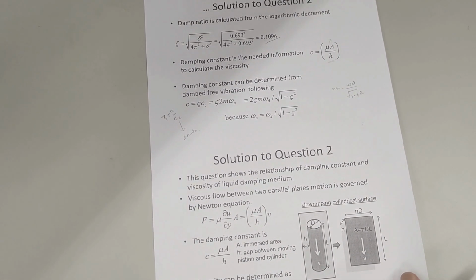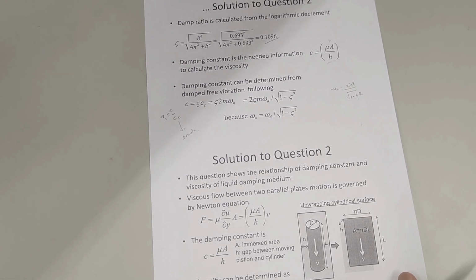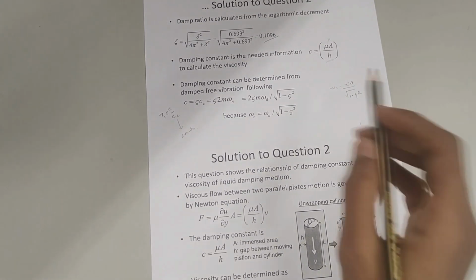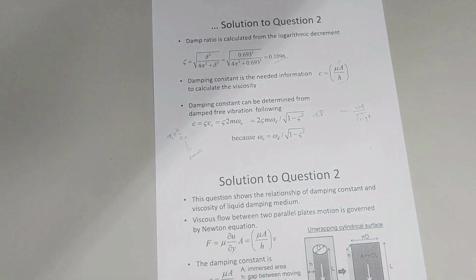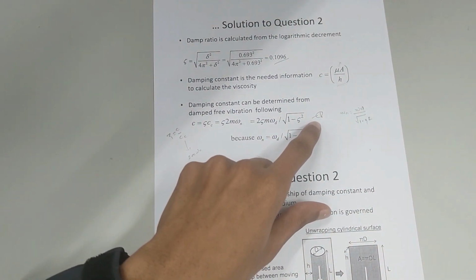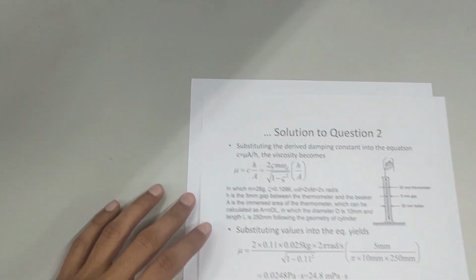So for calculating the mu, we have to calculate the C. For the C, we already have the value. C is calculated from here. So we will put this C value in this equation, so that we can calculate the viscosity.